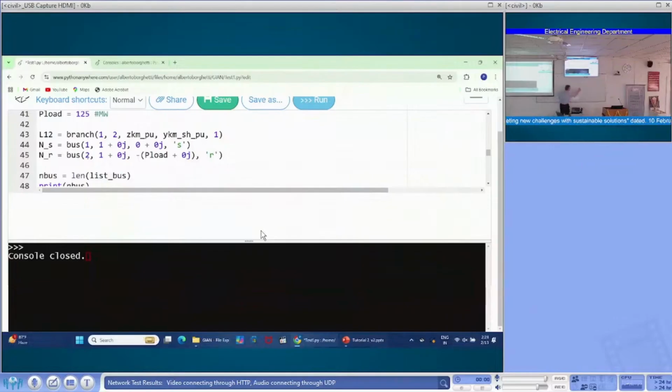One single line with a load here. And we fix the voltage here equal to 1 in per unit, so the rated value of the voltage, and we want to calculate the voltage here. So this is the sending bus and this is the receiving bus. It is bus 1 and bus 2.